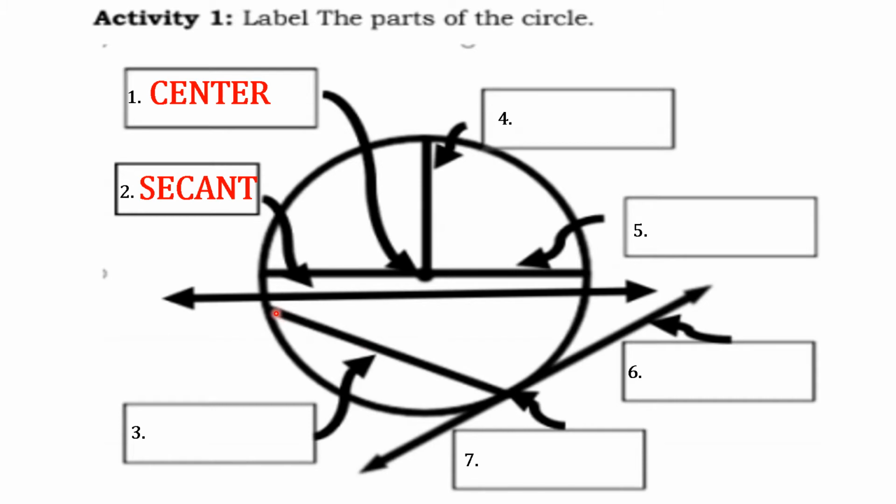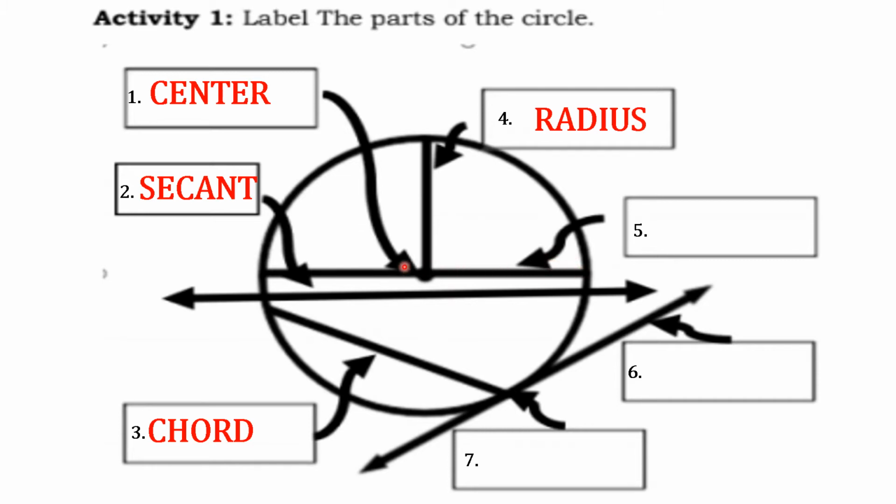What about this line connecting 2 points on the circle? That is a chord. And for number 4, it is a line connecting to the center. Correct, that is radius.